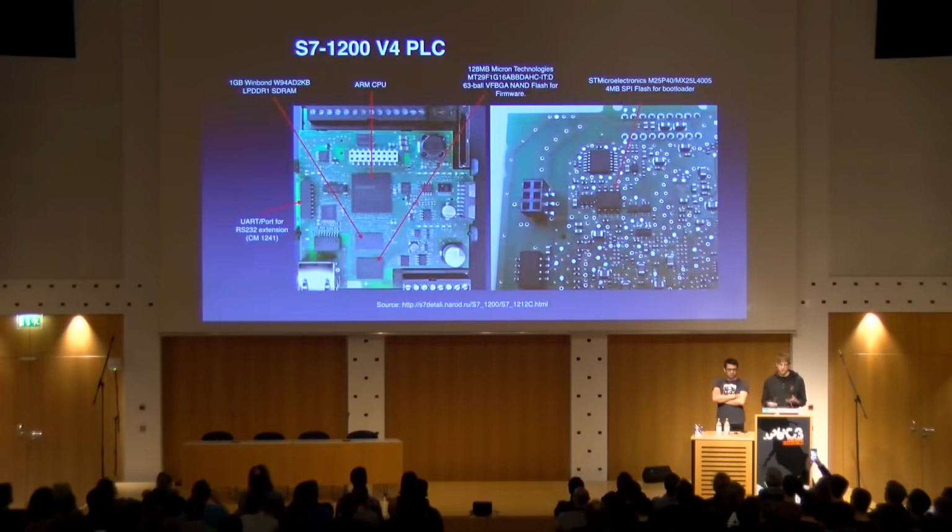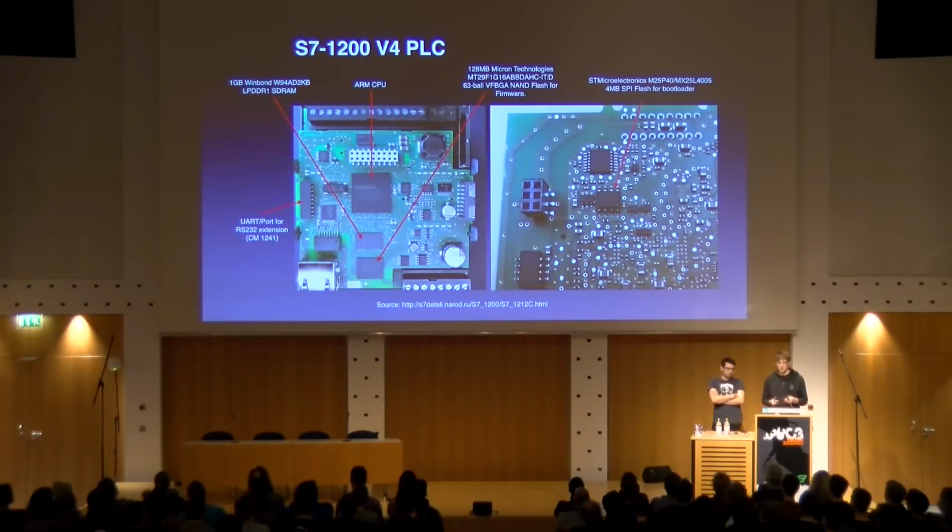Looking at it in more detail, we have the top view on the left side, which shows the different components that really make the PLC tick. For example, the ARM CPU that we have, or different inputs-outputs that we can connect to the PLC, as we talked about before, which they need in order to steer different parts of the system.